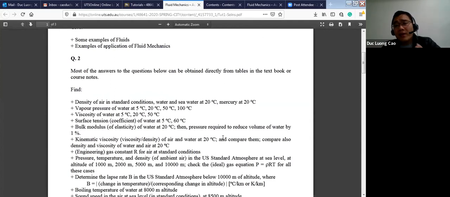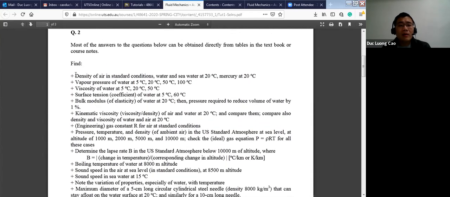Some properties are very familiar to you, very common, like pressure, temperature, specific volume or density. But some properties maybe you hear about for the first time, like bulk modulus of elasticity. Maybe viscosity is familiar, but lapse rate and boiling temperature are new properties for you. So we focus on question 2 today.